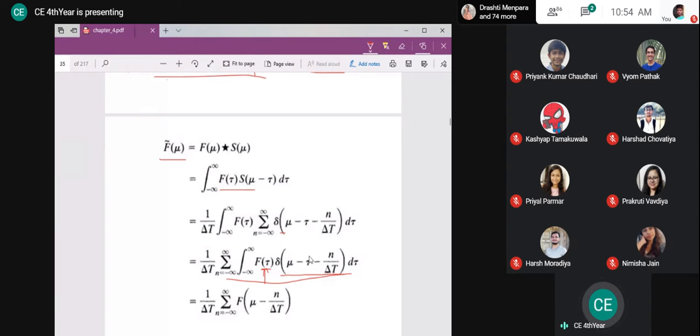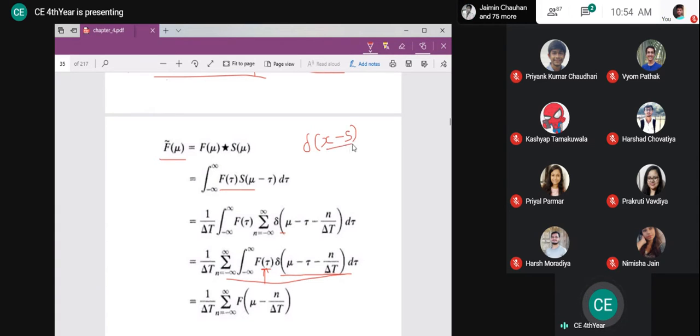Why? Because I am integrating with respect to tau only. So how to obtain it? Equate the argument with 0 and obtain the value of the variable. So the value of the variable tau will be mu minus n by delta t. See how we obtain this. Suppose it is delta of x minus 5, where does it exist?